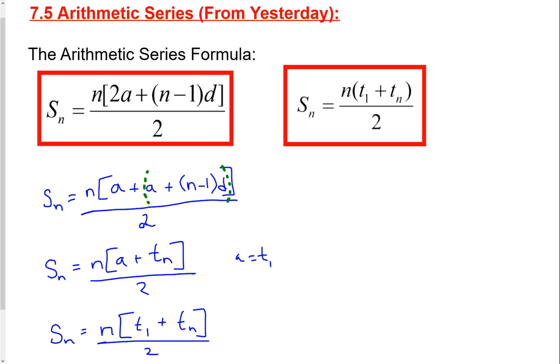I'm going to put a little note on here just to remind us, and we'll say use if you have general term already, because it can save you some work.